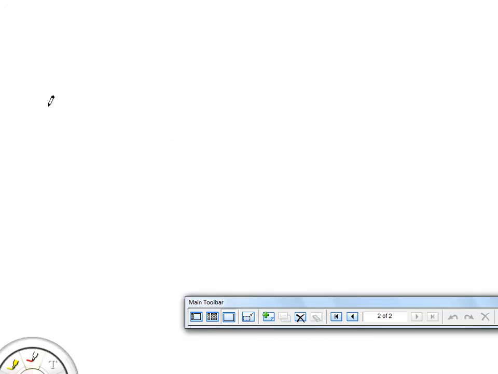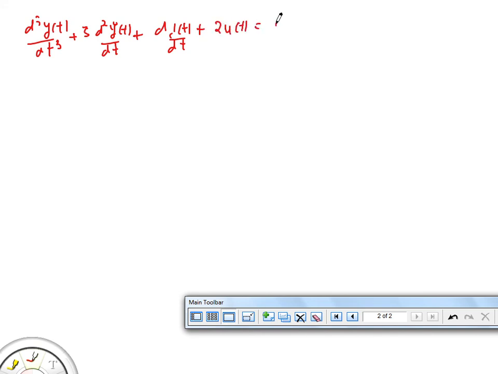It will be in terms of d cube y of t divided by dt cube plus 5 d square y of t by dt square plus dy of t by dt plus 2 into y of t is equal to u of t. Okay, so this is our main equation.